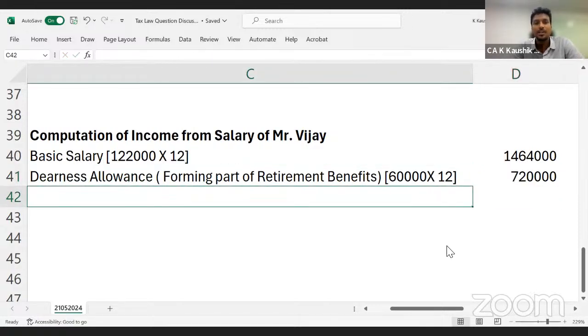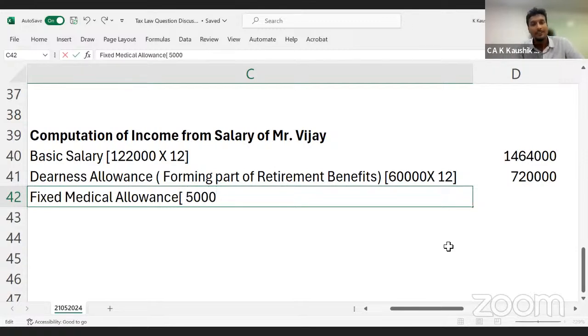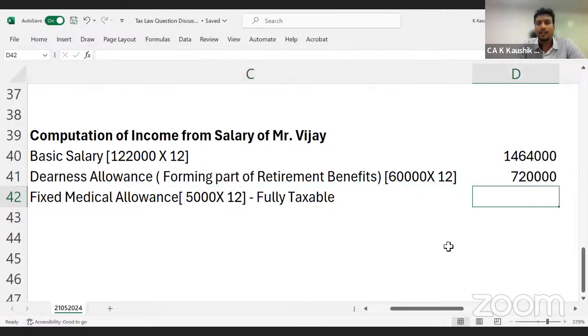The next information given is fixed medical allowance, 5,000 multiplied by 12. So this becomes fully taxable. There is no exemption given. And 60,000 is completely taken.